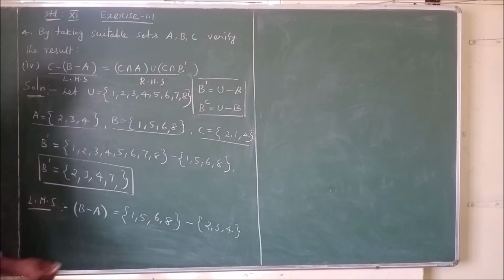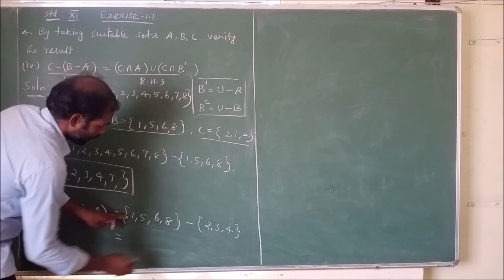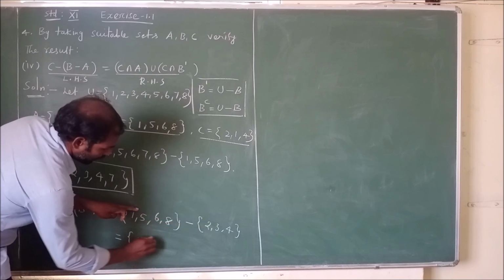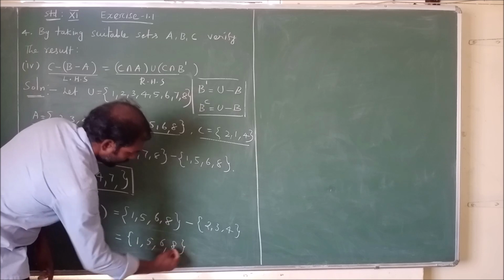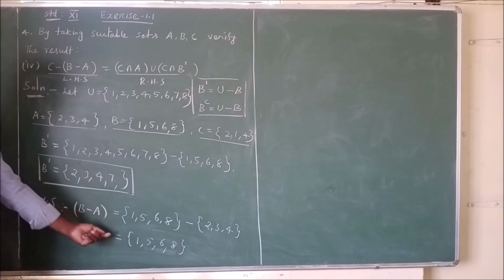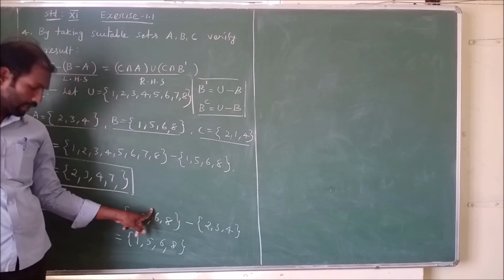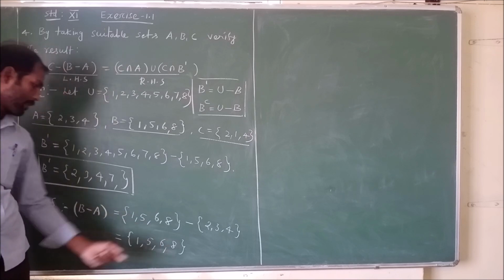So B minus A is 1, 5, 6, 8, since no element of A appears in B. So B minus A is the same set, 1, 5, 6, 8.